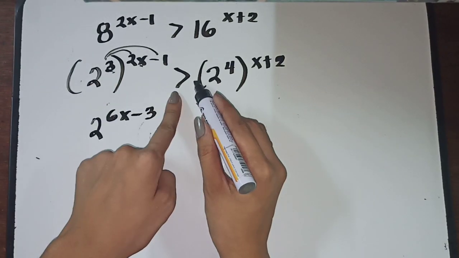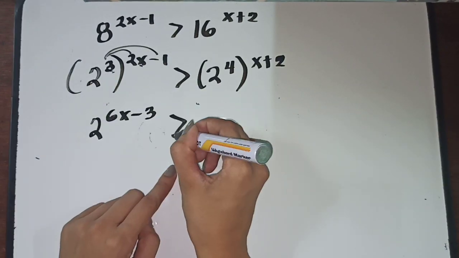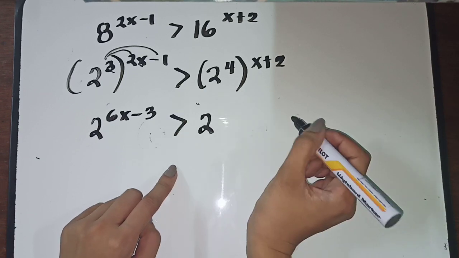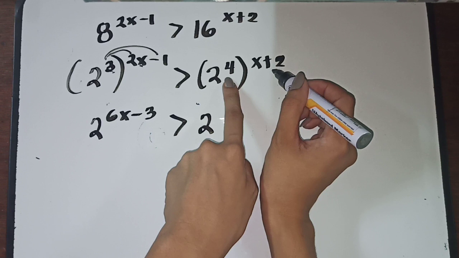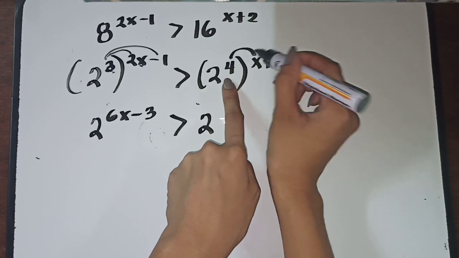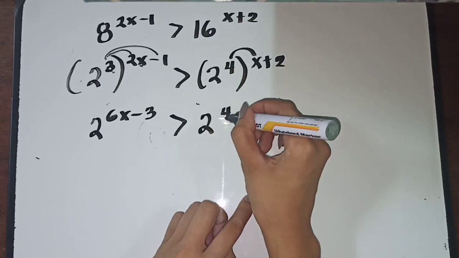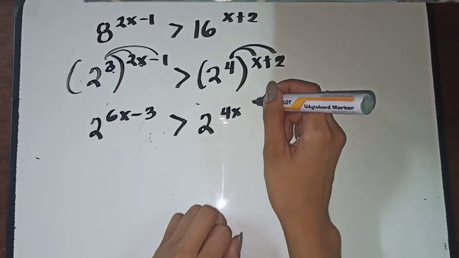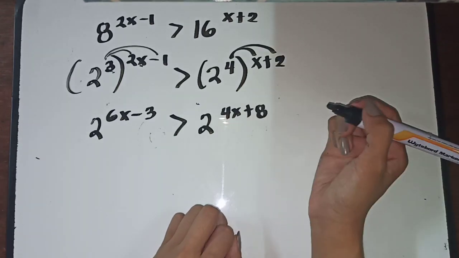So copy the inequality which is greater than, your base is 2, and multiply the exponent. 4 multiplied by x plus 2. 4 multiplied by x is 4x, and 4 multiplied by 2 is positive 8.